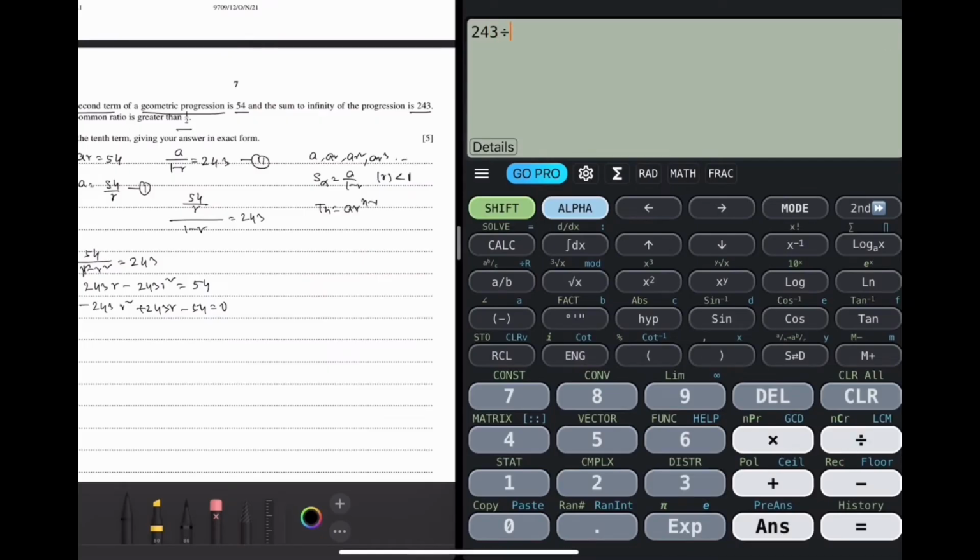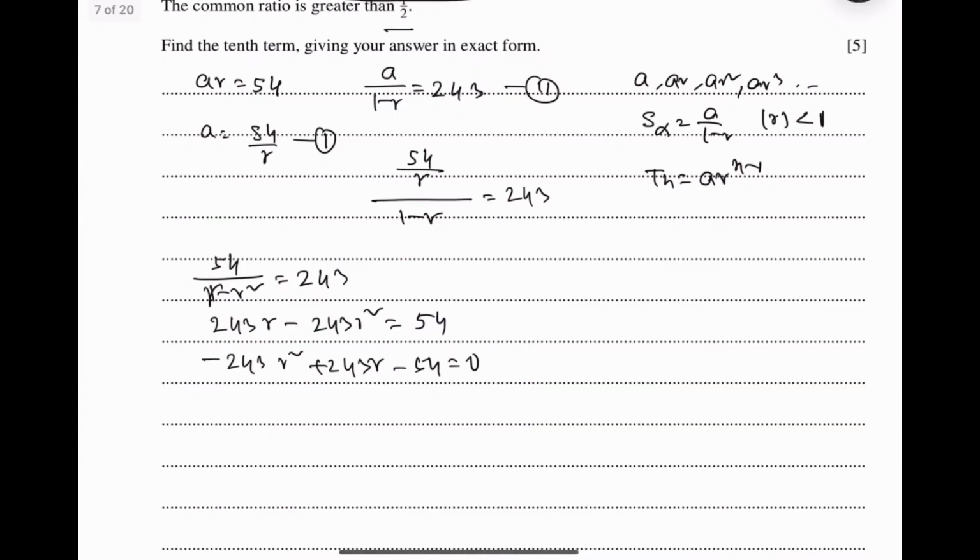If I divide all these terms by 27, it will be 9r square minus 9r plus 2 equals 0. So 9r square minus 6r minus 3r plus 2 equals 0.